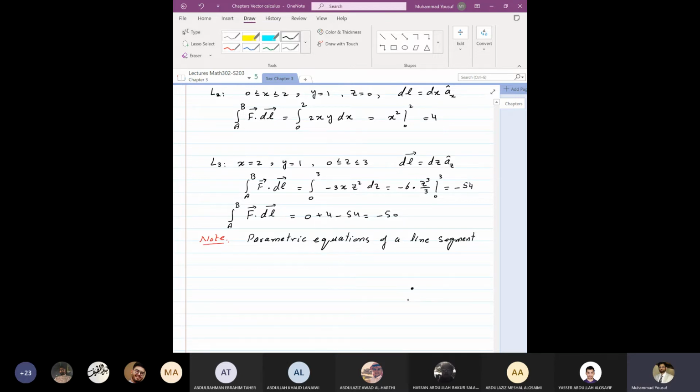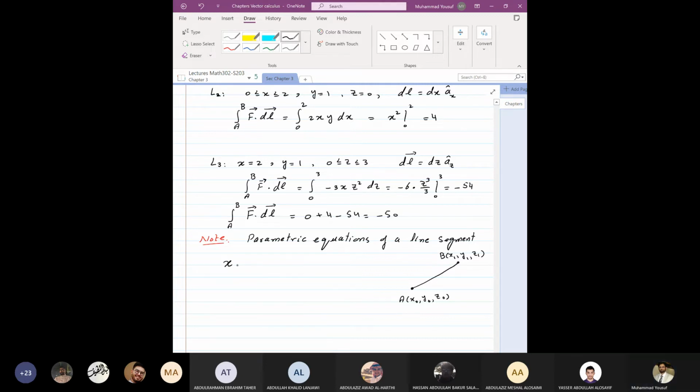A piece of line from point A, let us call it x0, y0, z0, to another point B, let us call this x1, y1, z1. So suppose we have these two points. And what is the line segment? It is a piece of line which is going from one point to the other point.